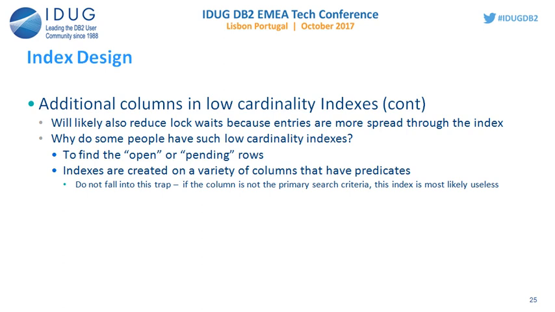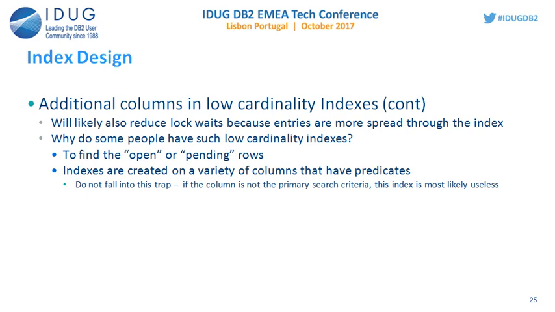Because if you say find me the ones where status equals parameter marker, and you always pass in open as the value, but Db2 sees parameter marker, it has to assume a uniform distribution. And it's not going to use that index anyway. Because even though you only have 100 orders open, the average is probably 50,000.